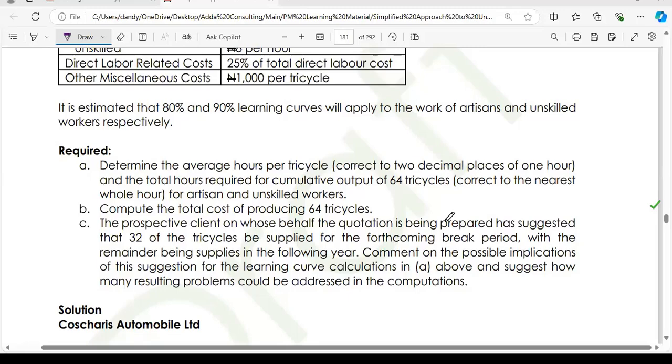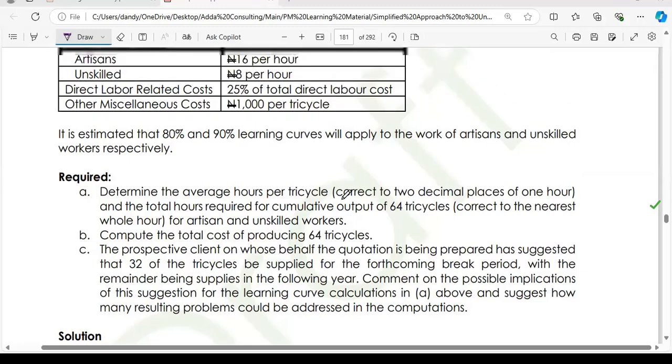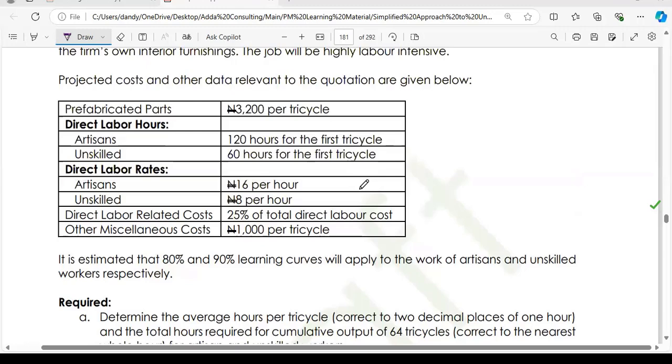Yes, in this requirement A, you have to determine the average hours per tricycle, and then the total hours required for cumulative output of 64 tricycles for both artisan and then unskilled labor. When you look at the data given to us, we have prefabricated parts, which is more like a material or component that you are going to use for the tricycle.